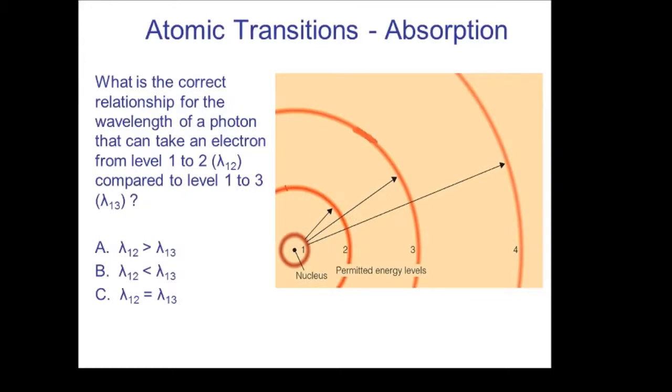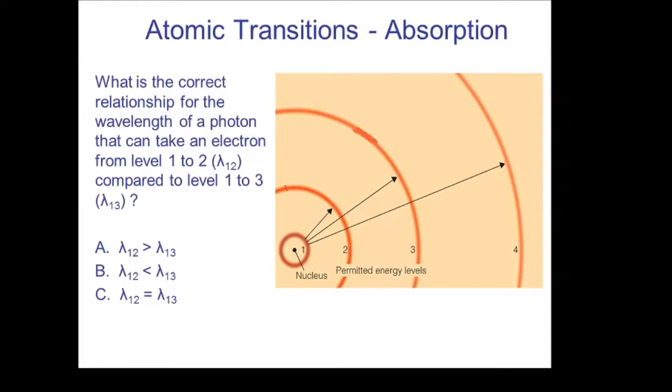Okay, so this is the kicker here. This is the question. You get this question, then you get what we've been talking about for the last half an hour. Okay, so I'm going to describe here 2 different transitions that can happen. You can take an electron that's down here in level 1 and you can move it to 2. Call that 1 to 2, or go 1 to 3.